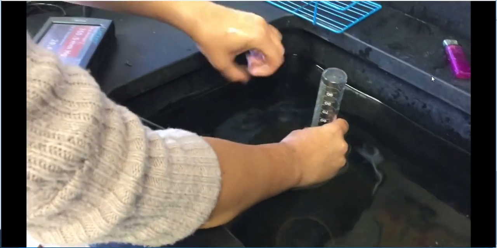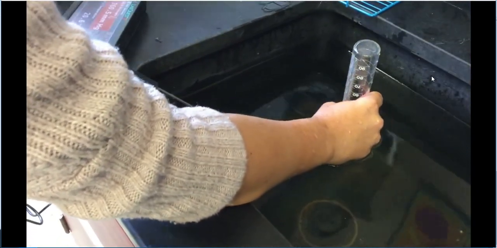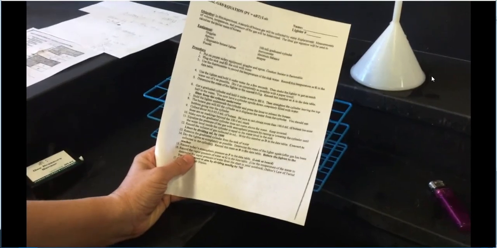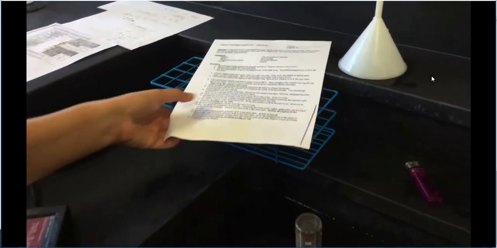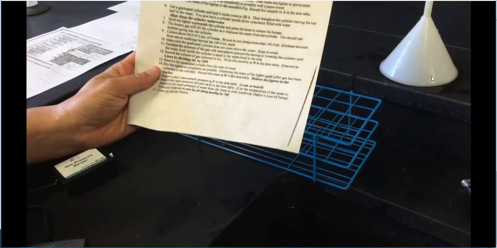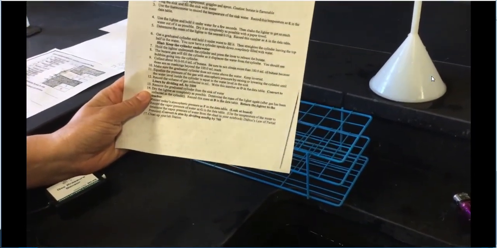Okay. So the next step is telling us that we are going to make sure we don't go above the markings. So we didn't do that. That's good. Make sure the graduated cylinder doesn't come above the water.